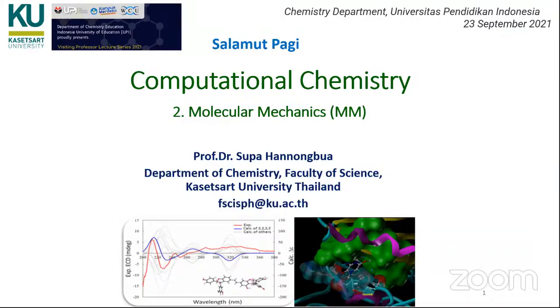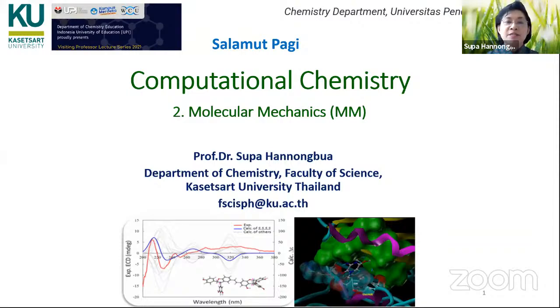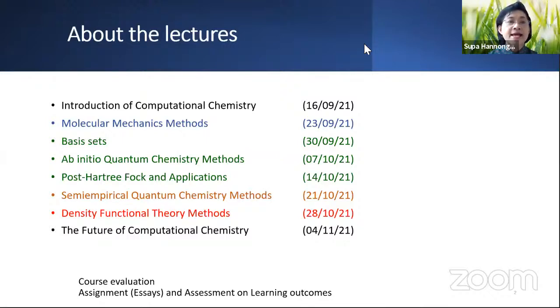Computational chemistry course that I will give the lecture on molecular mechanics. Continue from last time that we have already introduction about computational chemistry. You may feel the big picture of that and this method and the applications. And today for molecular mechanics method, it is indeed very classical mechanics since 1920 something up to now.